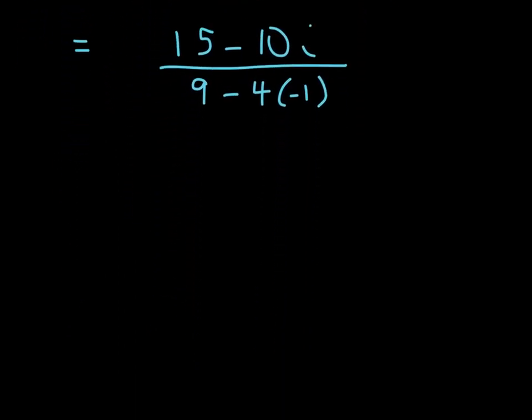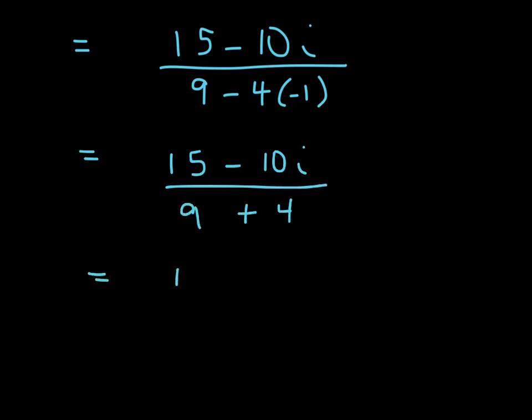So then we have here 15 minus 10i over 9 plus 4. So then we have 15 minus 10i over 13. Now this is not your final answer because, like, what would be your real part? It might be a little confusing as to what your real part is and what your imaginary part is. So standard form says separate your real part from your imaginary part.